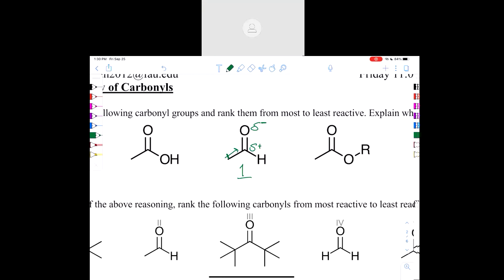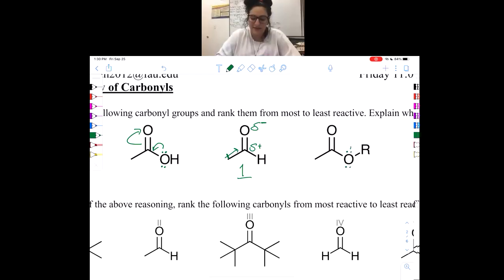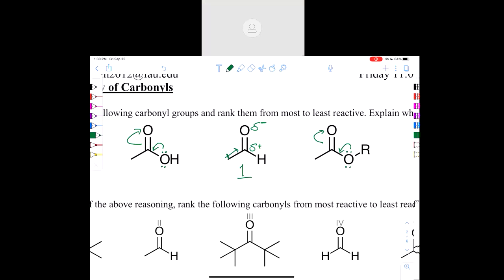Well, the movement of electrons, the way we learn, so you can move the electron on the alcohol, and then move it up here. Yeah, I can't really explain it without showing. That is true, but you could also do the same thing here. The R group wouldn't really have an effect.